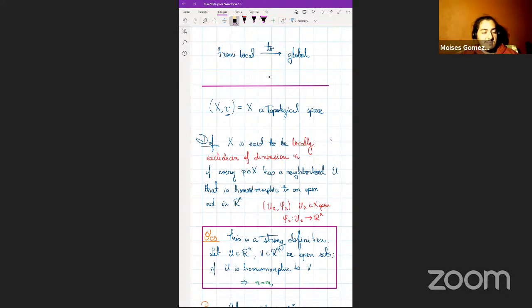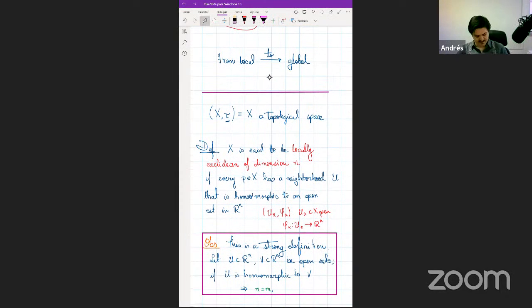Okay. So I have two open sets in Euclidean space, and I put a very strong condition that they are homeomorphic. Homeomorphic, remember, means that from the point of view of topology, they are the same. The conclusion is that the ambient Euclidean space must have the same dimension. N and M are the same. One way to prove this is using algebraic topology.